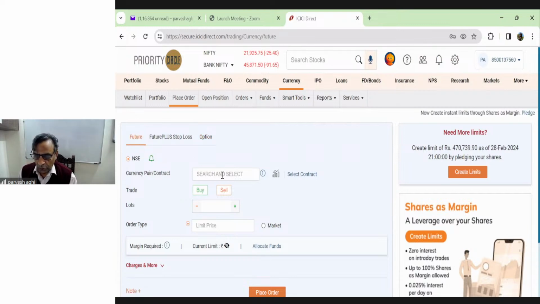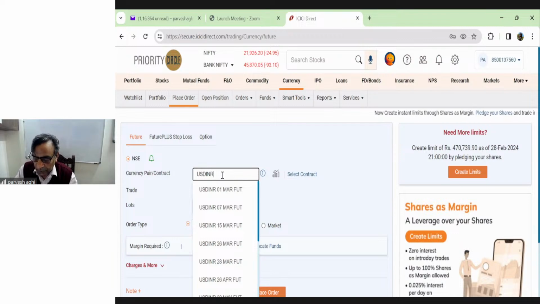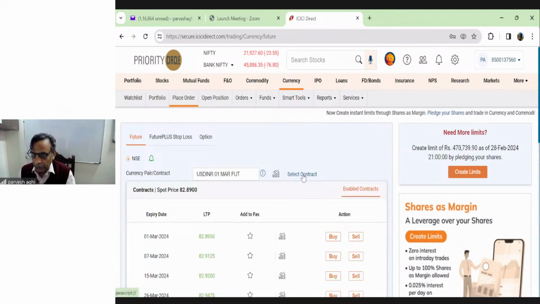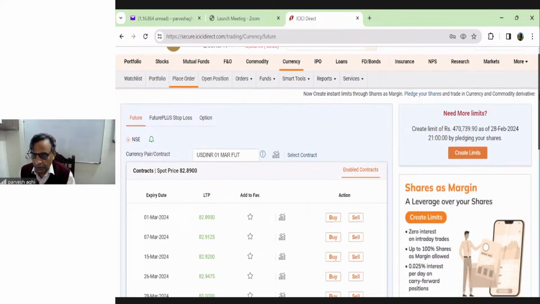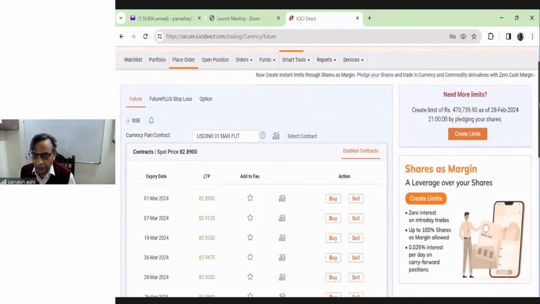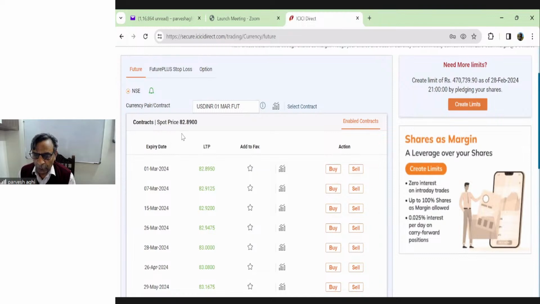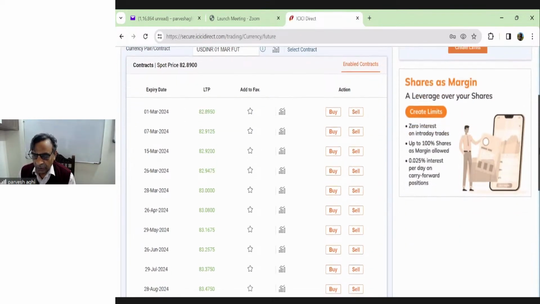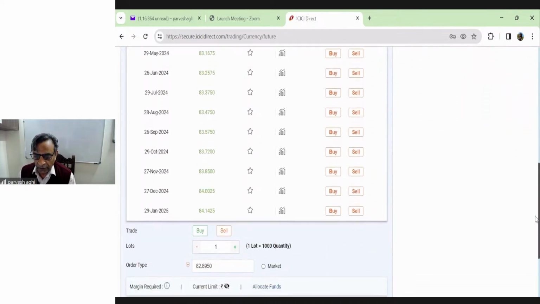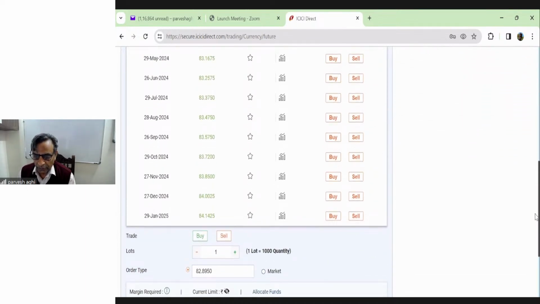Now I have to enter USD INR, so I have to press the code. Then I have to select the contract. Now I'm going to buy. This is the current spot rate, and then we have the various rates, right up to a full year, up to January 2025.